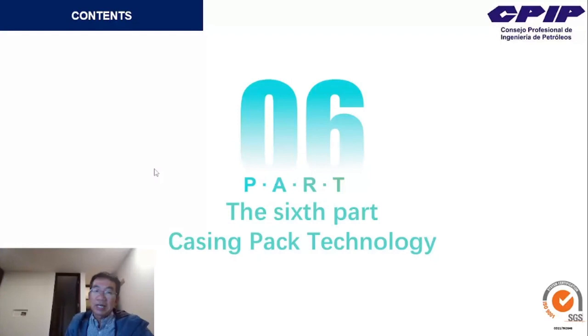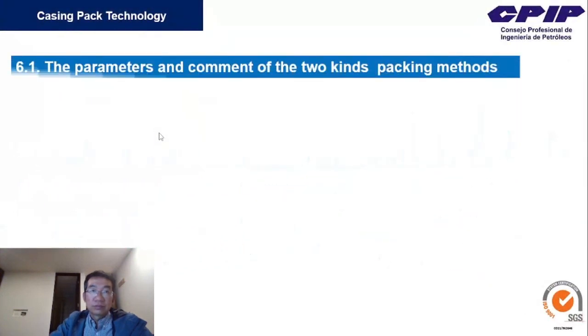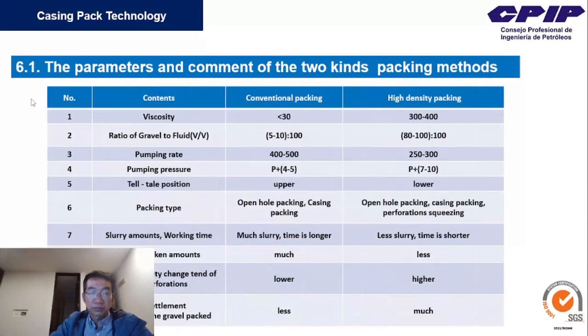The sixth part is casing pack technology. See part 1. The parameters and comparison of the 2 kinds of packing method. We first see the conventional packing.